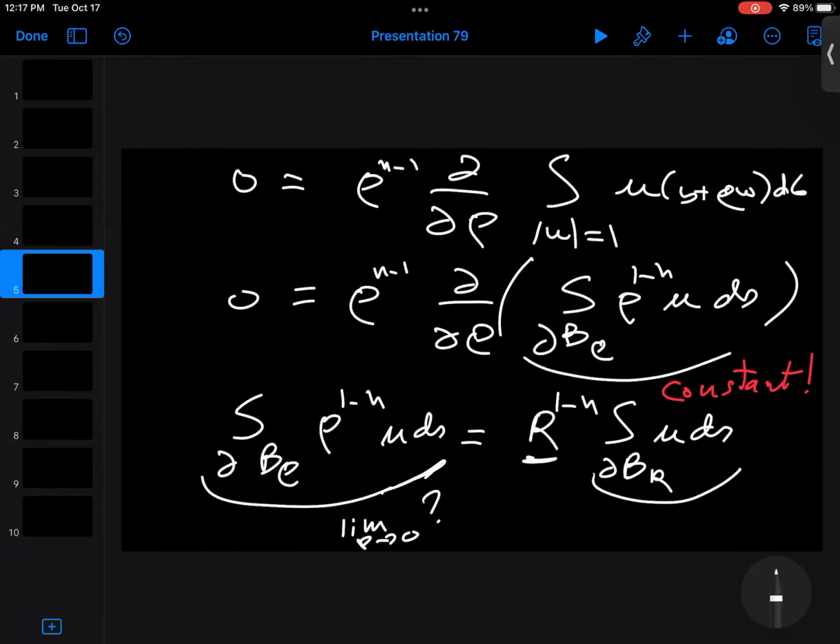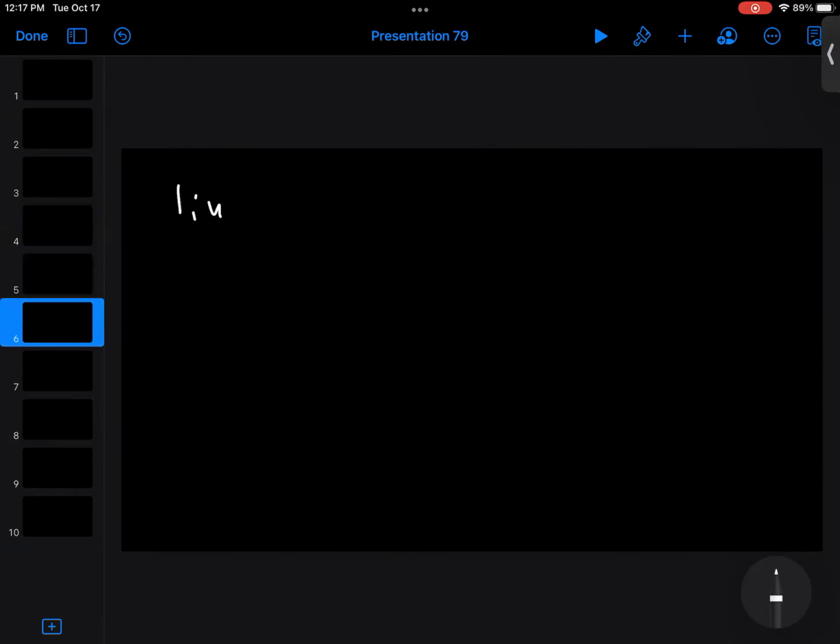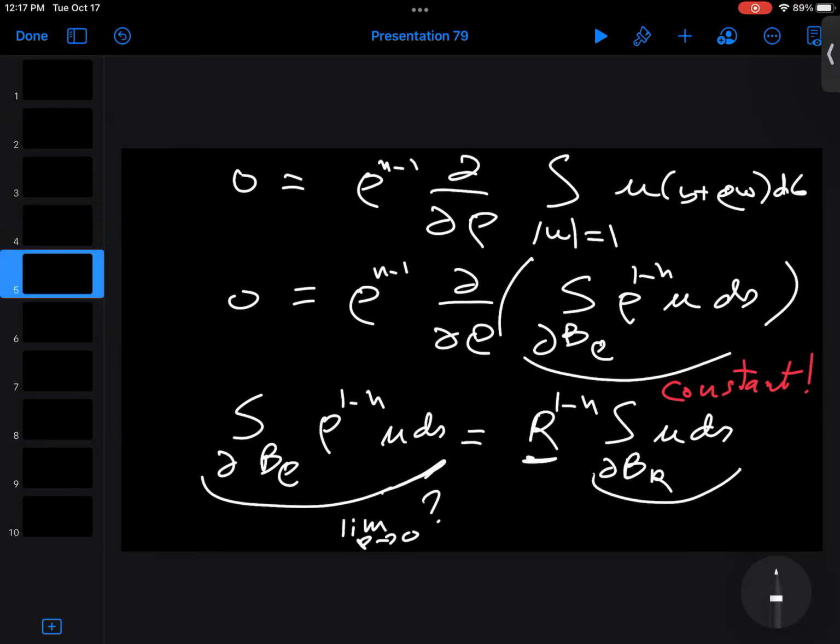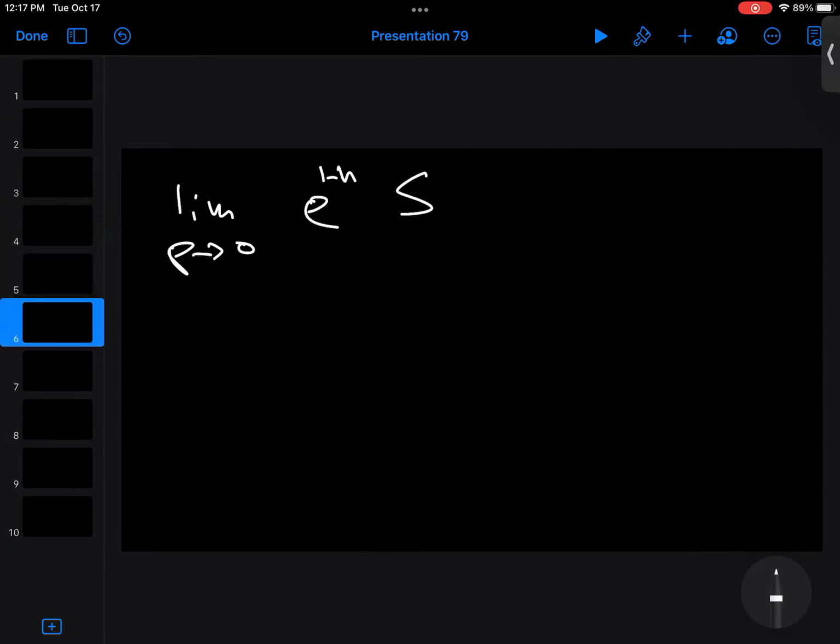Okay, so let's compute the limit as rho goes to 0 of rho to the 1 minus n of the integral of u.